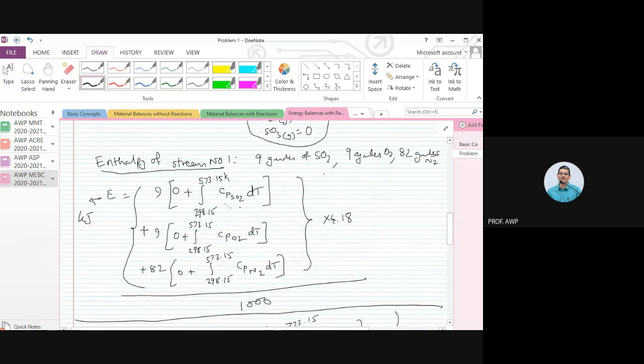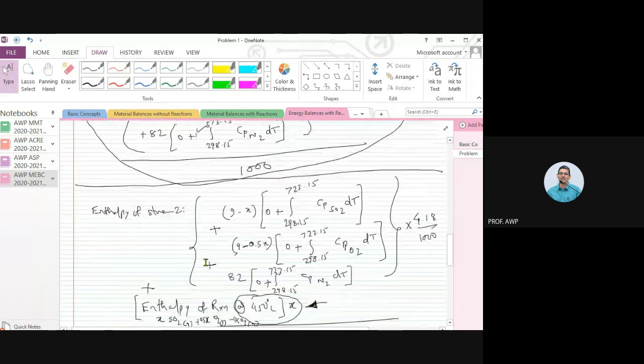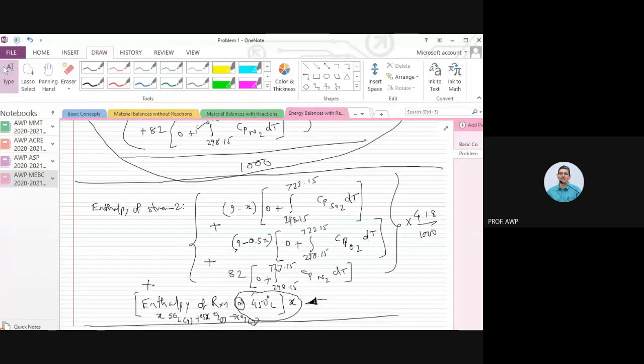Enthalpy of stream number 1. This value. I am assuming all of you can do integration yourselves. So this integral, you can calculate and get the values.